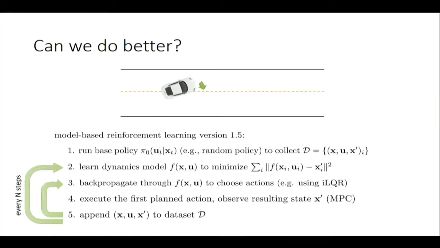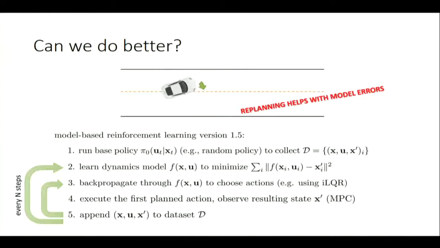The short version here is that basically replanning helps with model errors. If you're doing model-based RL, doing this kind of replanning every time step, or model predictive control, goes with that very well, because model predictive control tends to compensate for model errors. If you don't get exactly the state you expect, that's okay, you just replan for the optimal action. So this is version 1.5. Does anybody have any questions about this method?